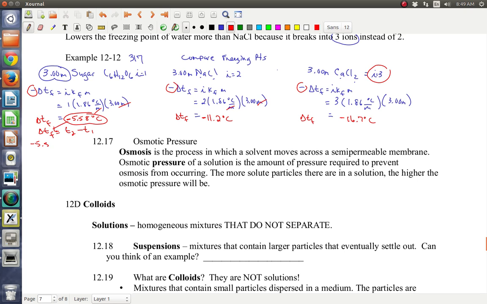Negative 5.58 equals the new freezing point minus the original freezing point of water, which is 0. Since it's 0, just add 0 to both sides. So the new freezing point is negative 5.58 degrees Celsius. It won't be that for other solvents, because the freezing point of other solvents will not be 0. So over here, the new freezing point is negative 11.2. The new freezing point is negative 16.7.